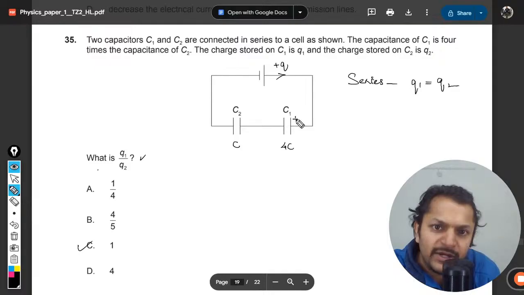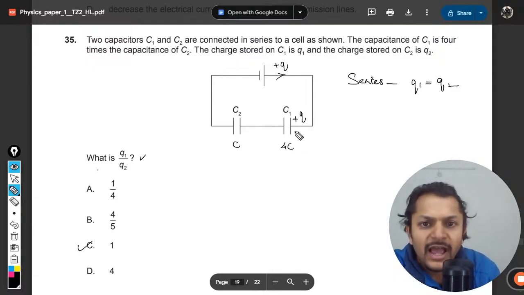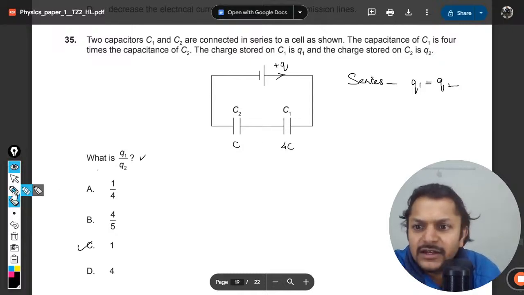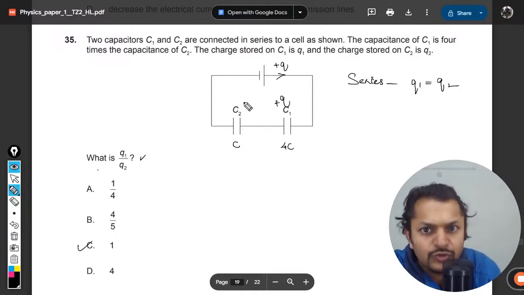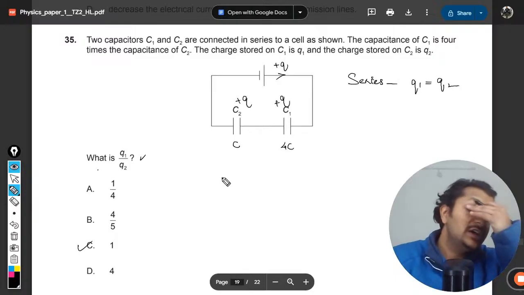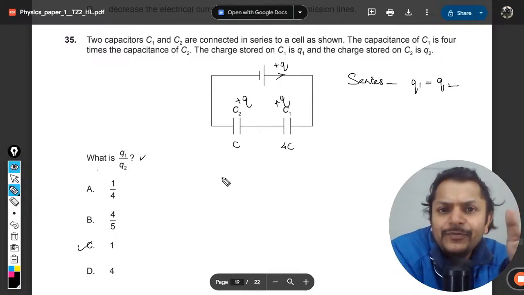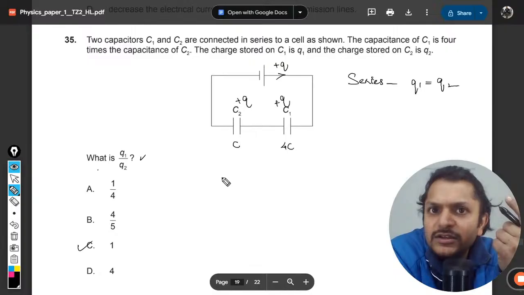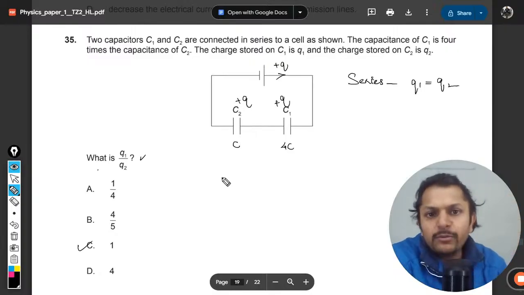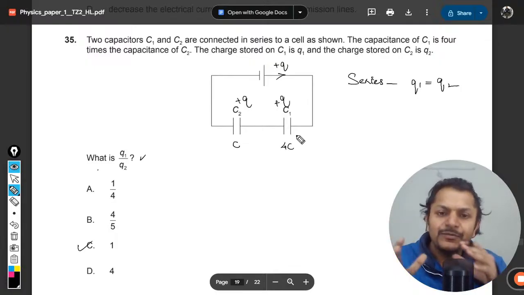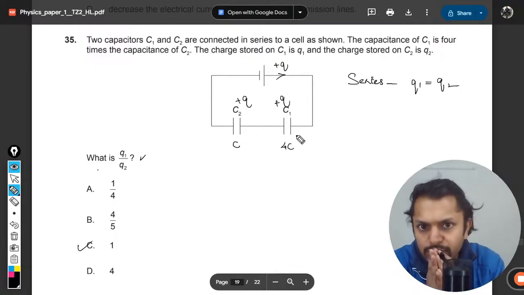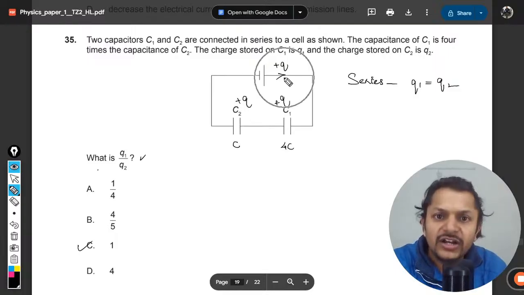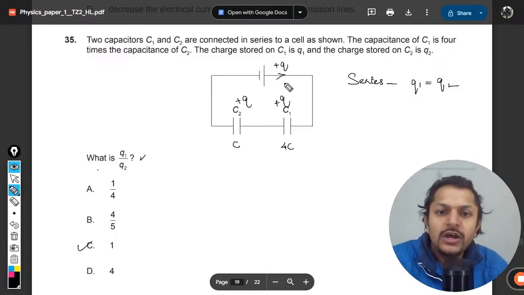So this plate will become positive Q. Ironically, it looks like the battery has given only a single Q, but both of the capacitors have Q charge each. So isn't it a wrong understanding that the charge coming from the battery is Q, but this capacitor also has Q and that capacitor also has Q?